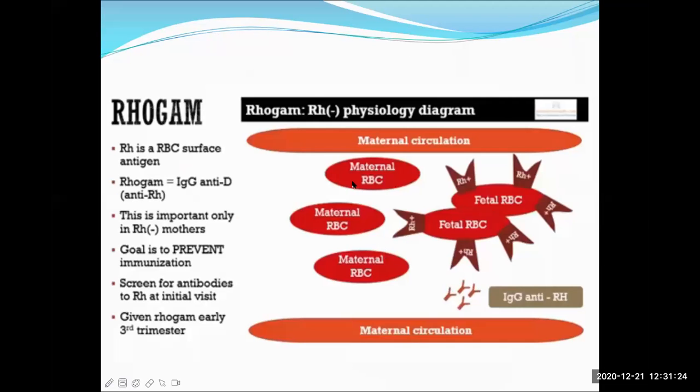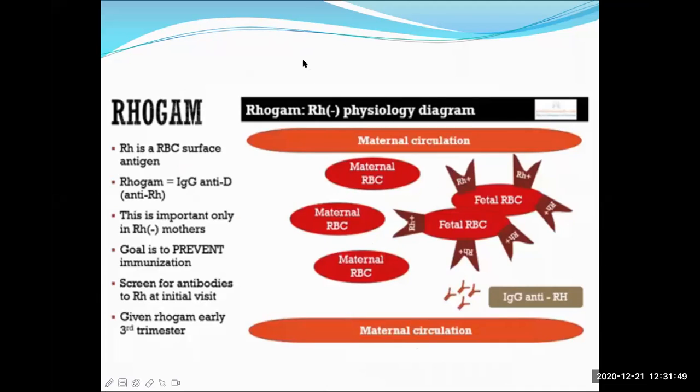Now, please look at this diagram. It is making the things very easy for you. Here is the maternal circulation. This is maternal RBC, the different maternal RBC are here, and these are the fetal RBC. Now, these are the IgG anti-RH. This RH is the antigen, isn't it?